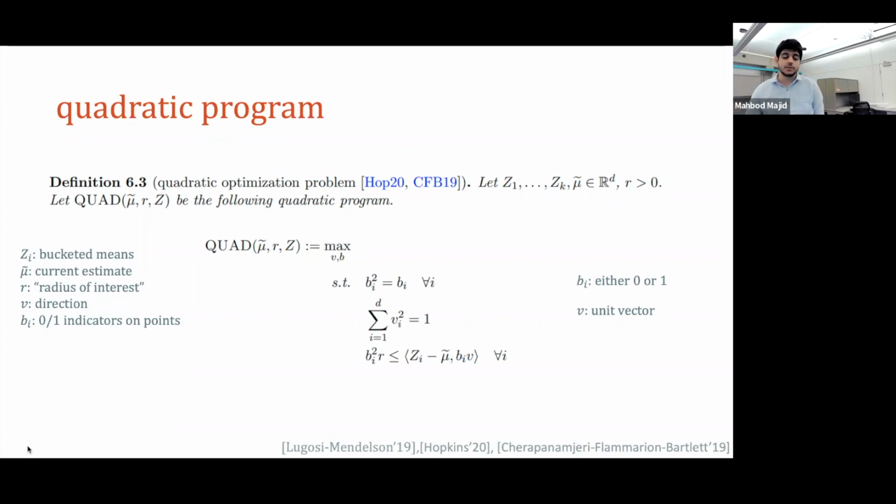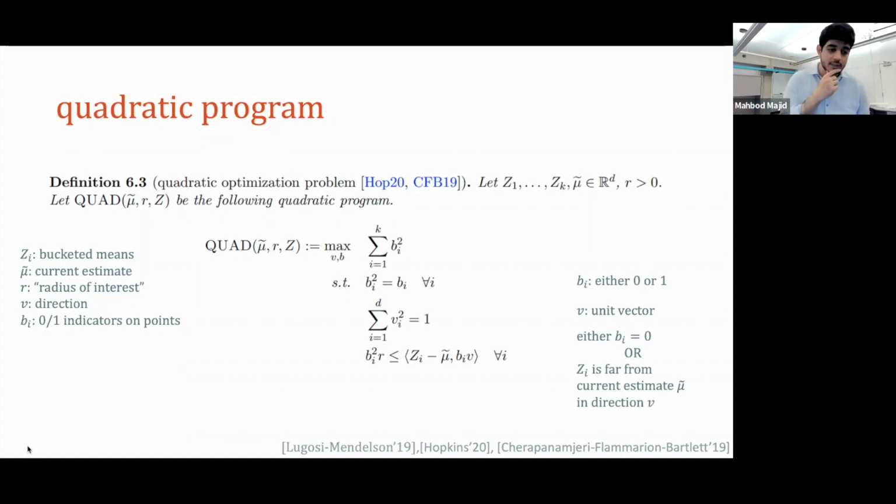Basically, you would just need to count. This basically counts what's the worst V, such that on that V there are a lot of ZIs that are on that side of mu tilde.